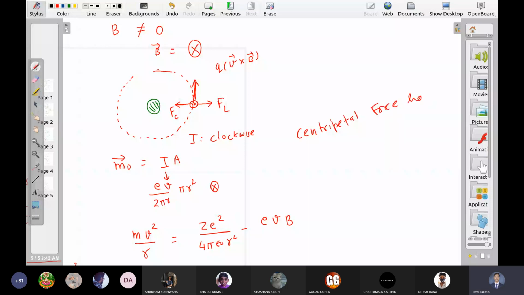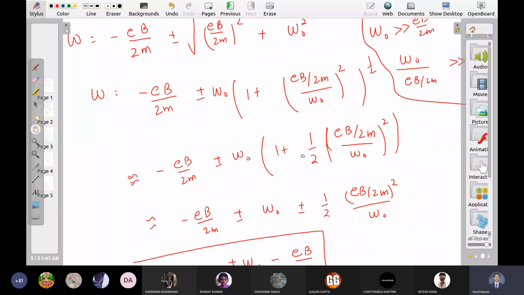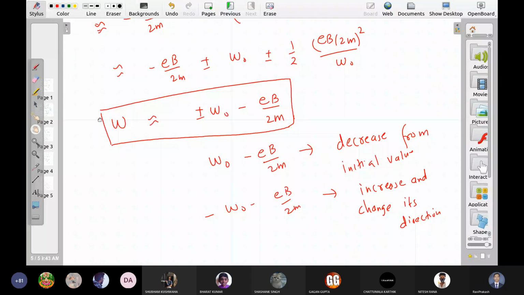Means m r omega square reduced, or omega reduced, right? So this is the right answer here. So this is the new angular velocity of the electron.